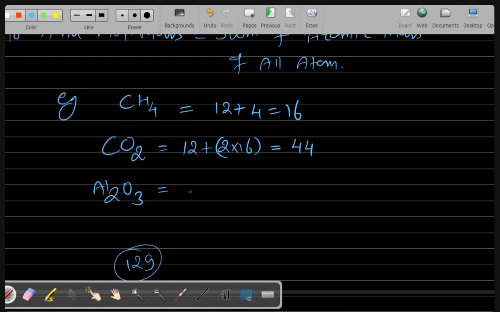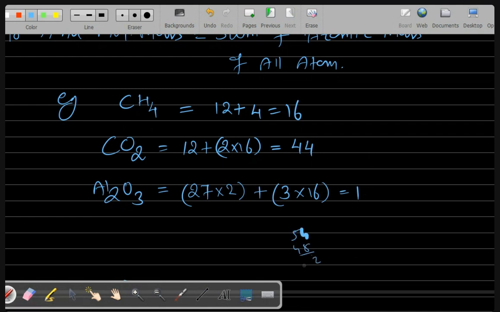Let me cross check. 27 into 2 is 54, plus 3 into 16 is 48. So it's going to be 102. Yes, 102. I'm sorry, I did aluminium times 3.